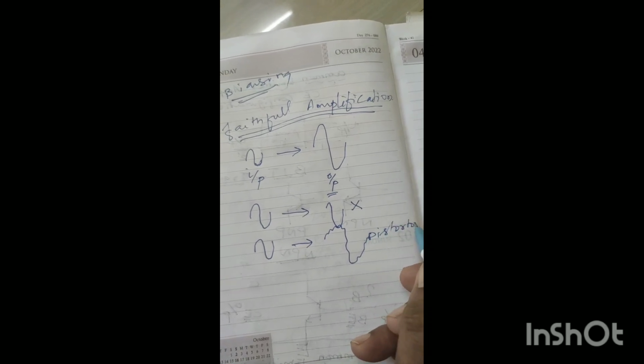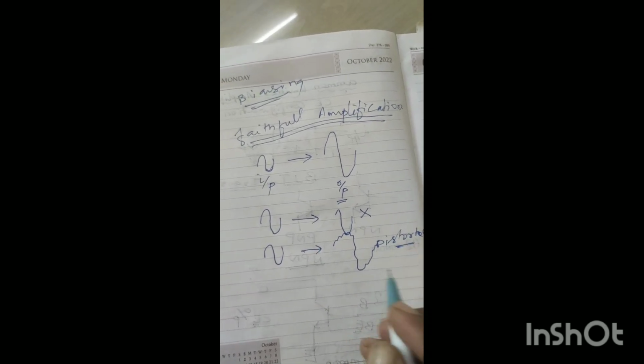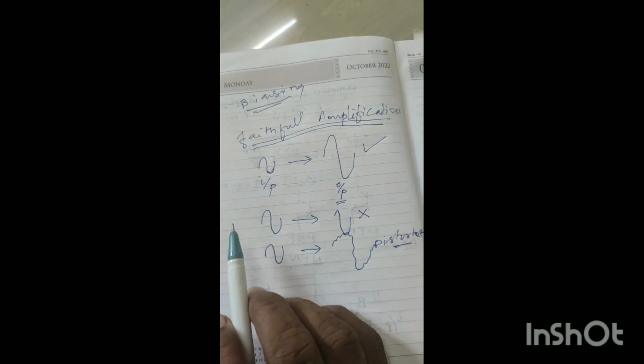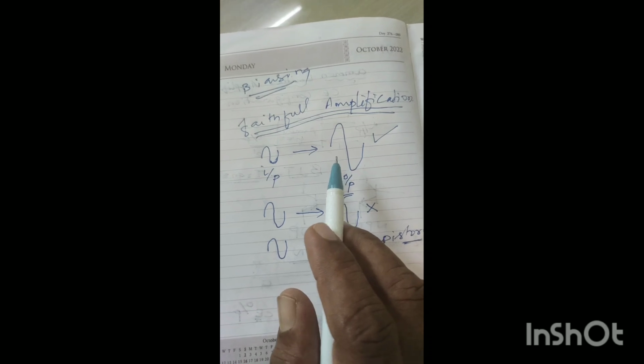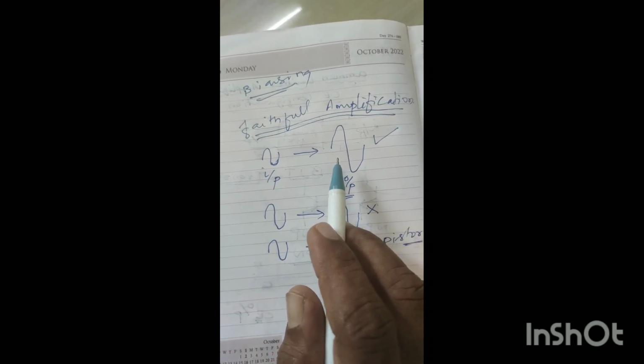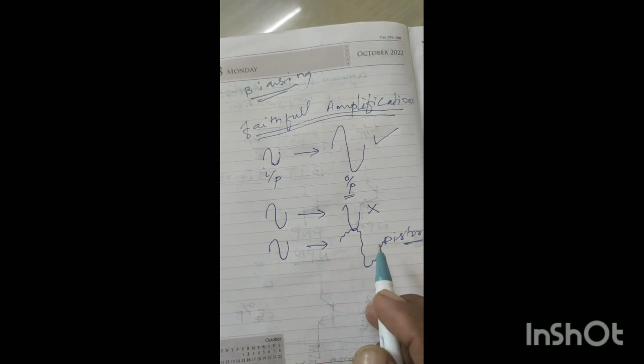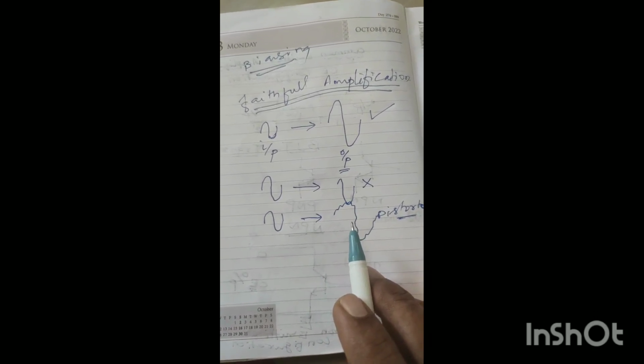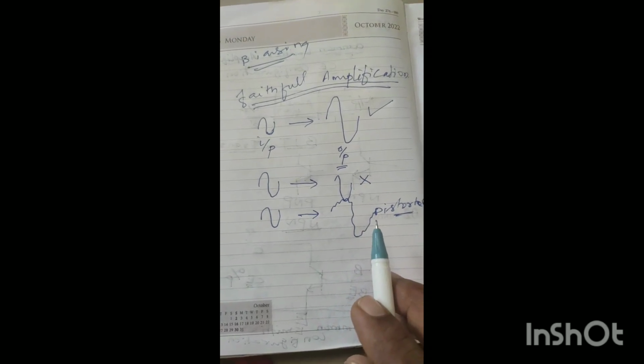This is distorted signal. Okay, this is the only faithful amplification. In the faithful amplification only, the message is amplified in the correct manner. If the message is distorted, a lot of errors will occur. So the wrong information is present in the output signal, that is the meaning.